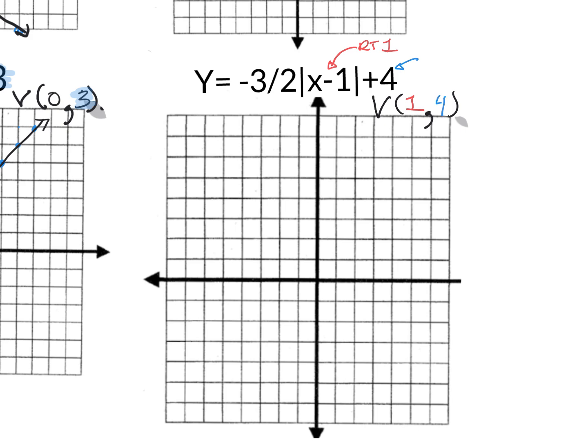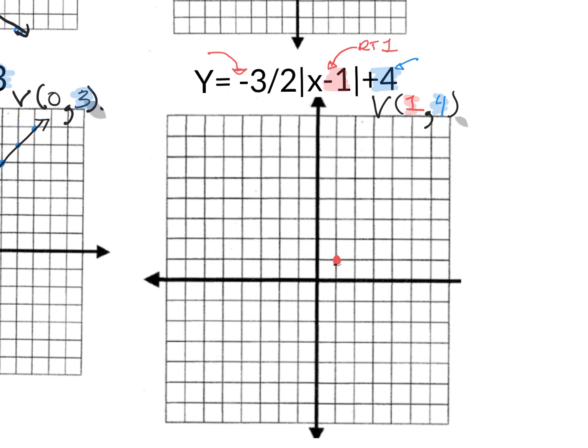Since it's -1, you're going right 1, and you're going up 4. So (1, 4) is your new vertex. It has a negative outside, so that's a reflection in the x-axis. That means your V is going to be opening down.